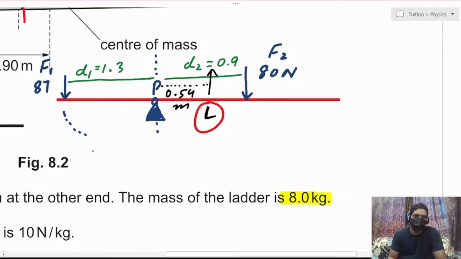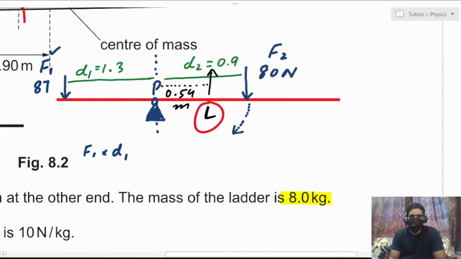Okay, so we can write F1 into D1. What is the other force that would produce anticlockwise moment apart from F1? We're done with F1. If you follow the direction of force F2, it would be tilting the ruler in this direction, clockwise.